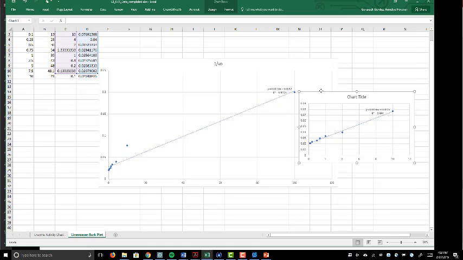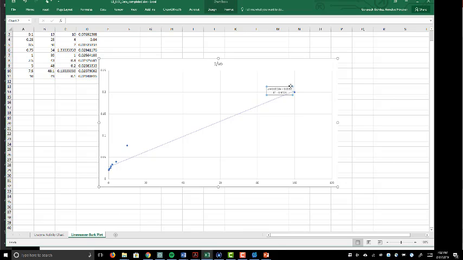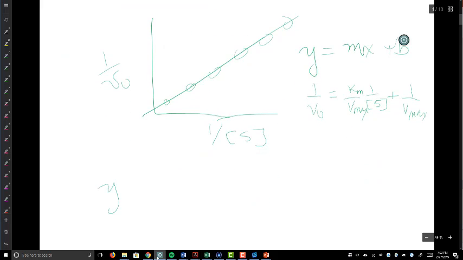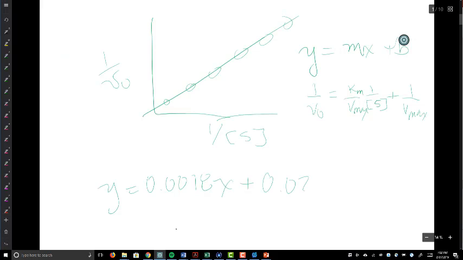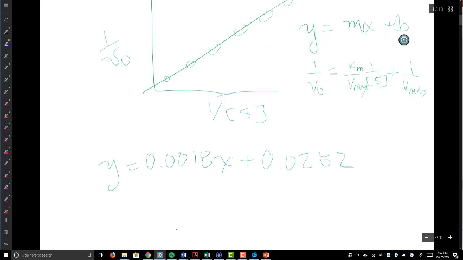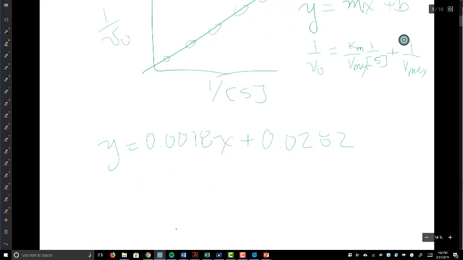So let's see, y equals 0.0018 x plus 0.0282. Okay. All right. So what's going to be our low-hanging fruit here to solve for, Noah? What can we solve for relatively easily? All right.